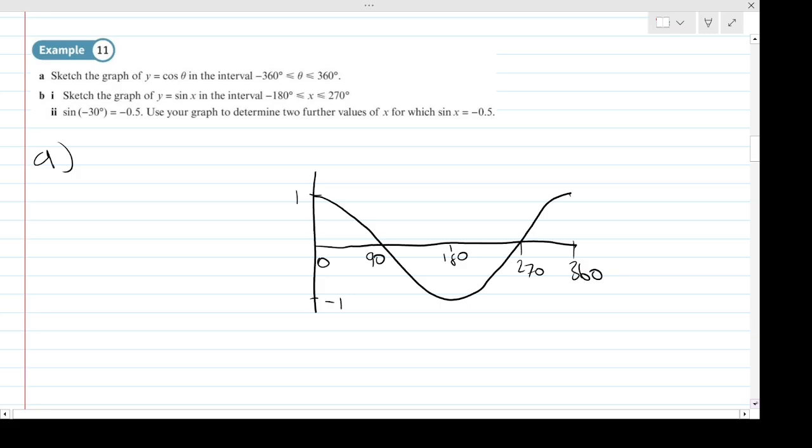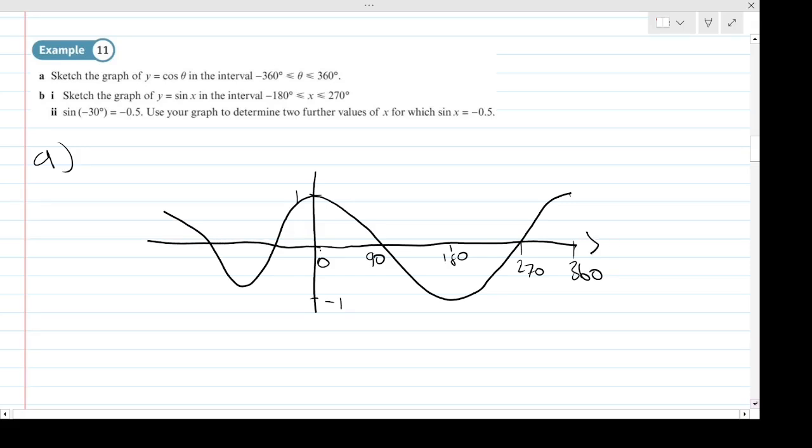Okay, cool. But that's between 0 and 360. We want to go back to minus 360. So we need to draw the graph backwards. There we are, something like that. And if we extend our axis, this is the x.